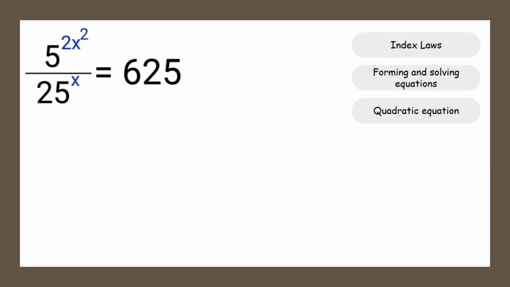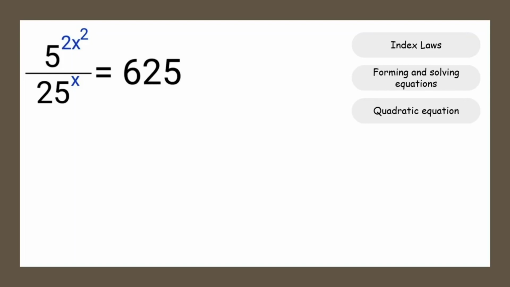Now, the first thing I want to do is to see if I can rewrite any of these other terms with a base of 5. I know that my index laws only hold true if the bases are the same. So, starting with the denominator, I know that I can express 25 as 5 squared.